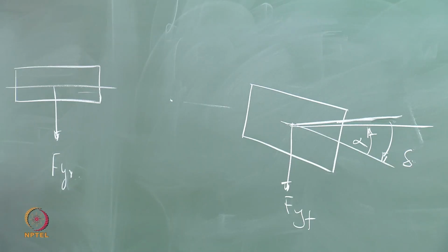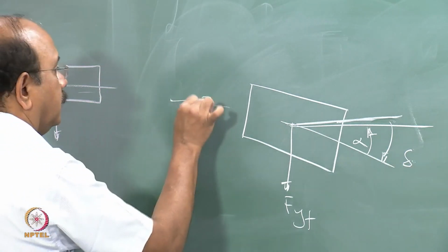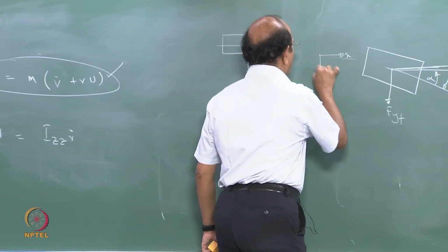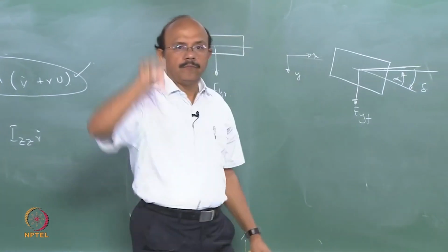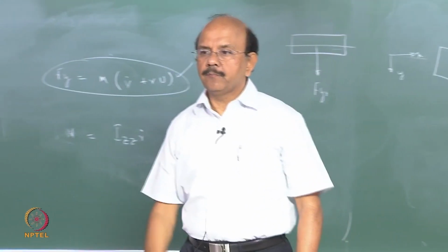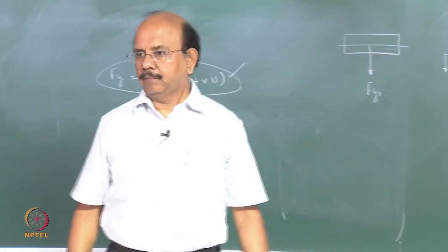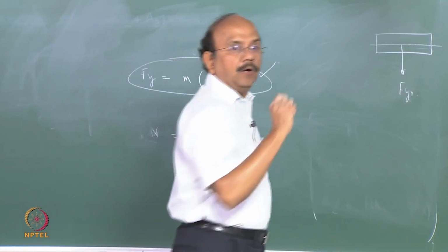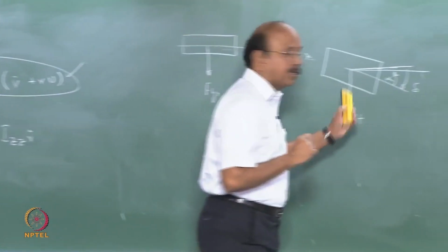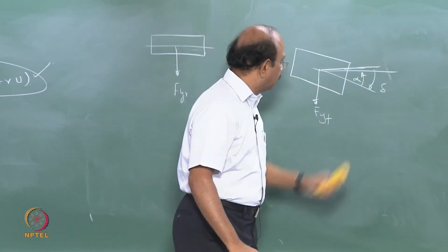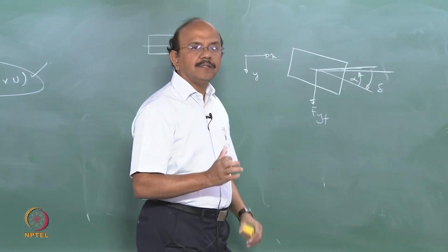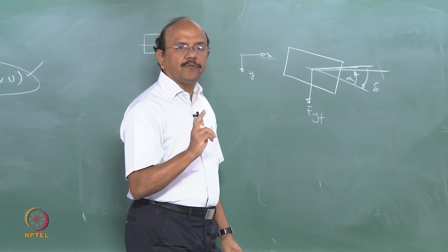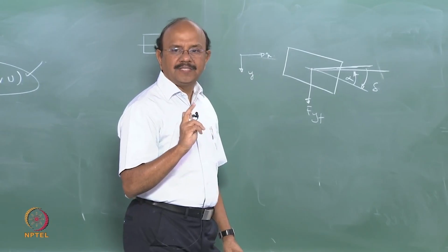Note my coordinate system: that is x, y, and z is perpendicular to the plane of the board. Clear? The very first point I want you to notice, we will continue this in the next class, is the slip angle, which we have seen before, but I'm going to put some sign to it.